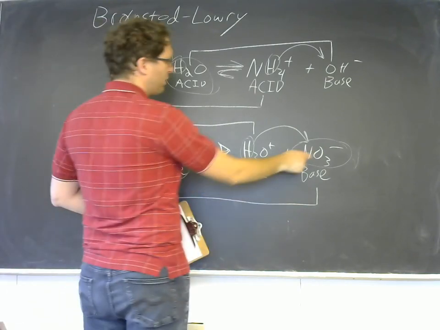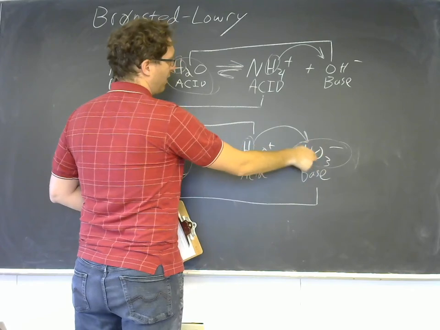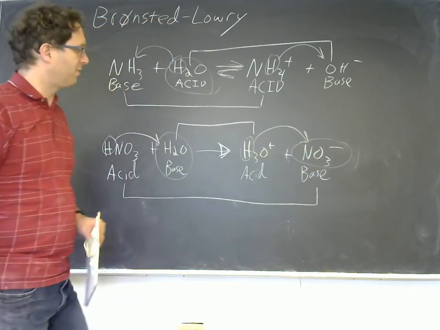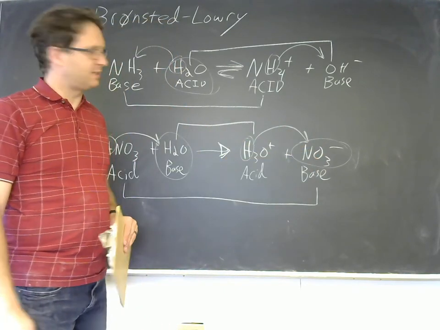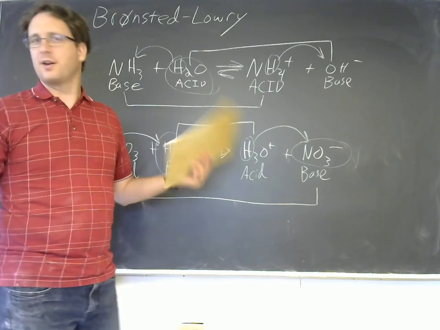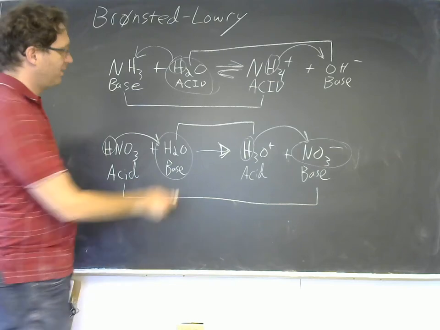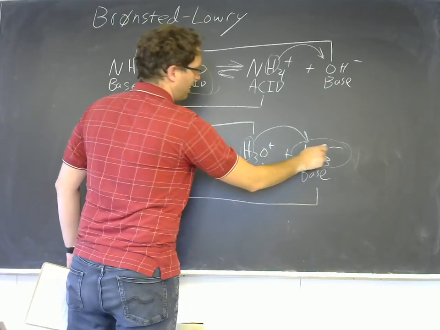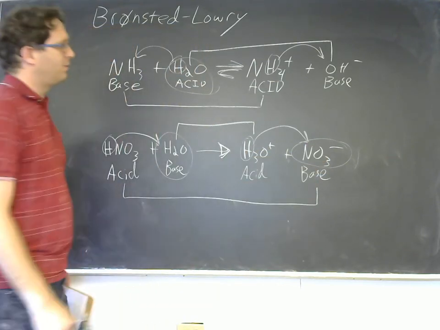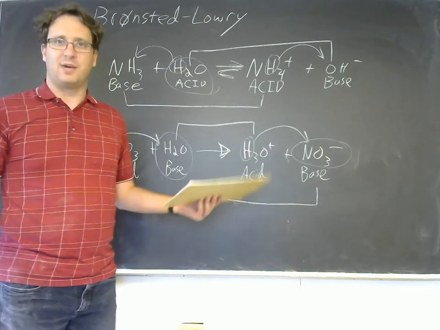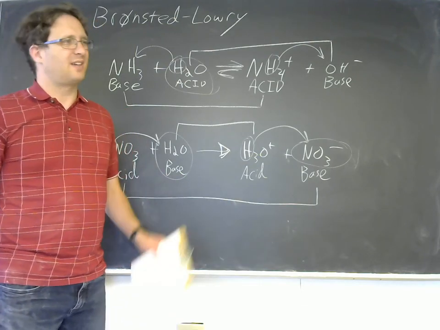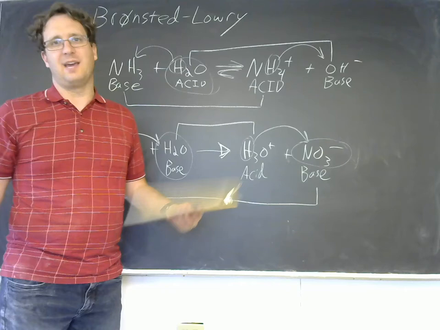And although we can talk about nitrate taking the hydrogen from the H3O plus and being a base in a theoretical sense, we never actually observe it happening in nature. This reaction goes to products and it stays there. And so nitrate is the conjugate base to nitric acid, but it's kind of a base in name only.